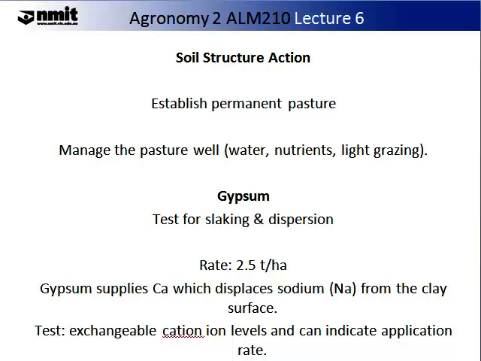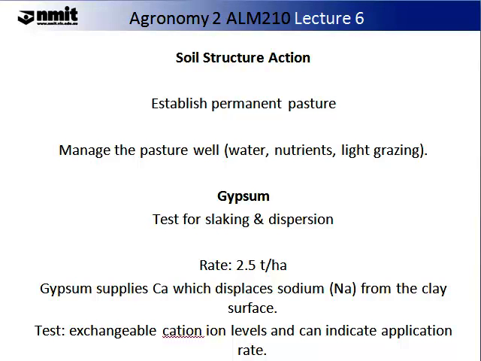If the soil is naturally unstable, it will result in poor structure, and this may be treated by the application of gypsum. If you suspect this, it is best to test for both slaking and dispersion. If you see positive results for dispersion, then it is likely that gypsum application will be helpful.